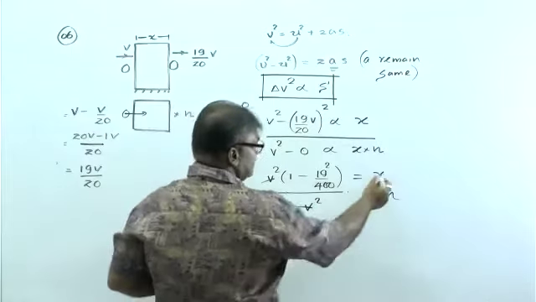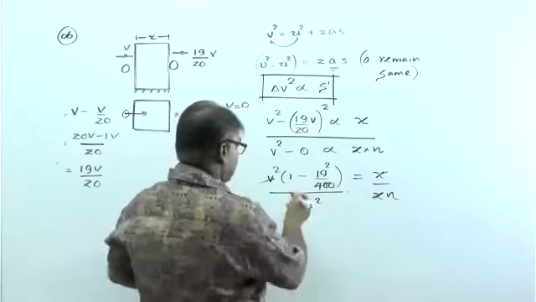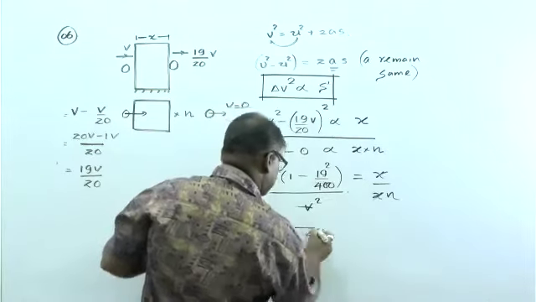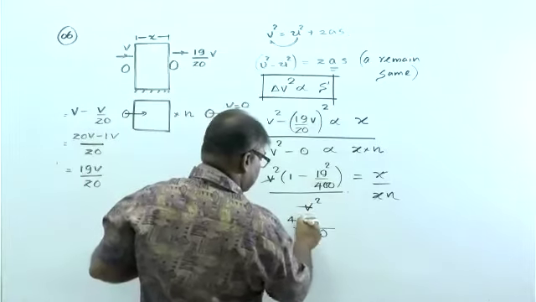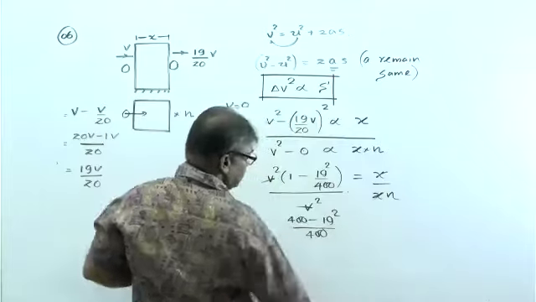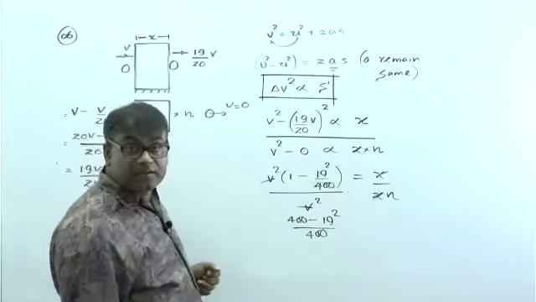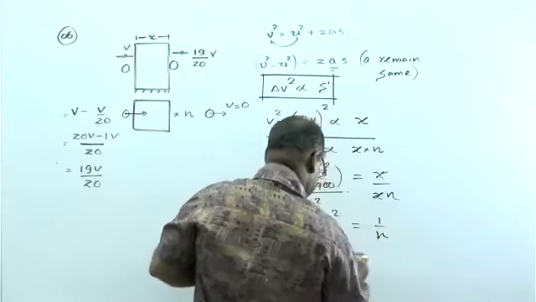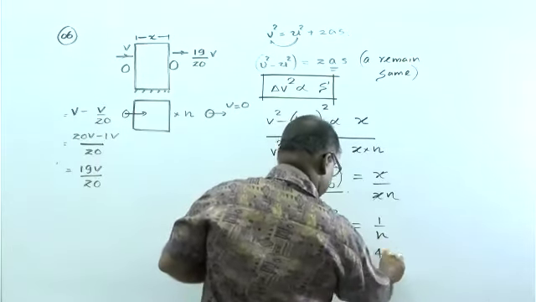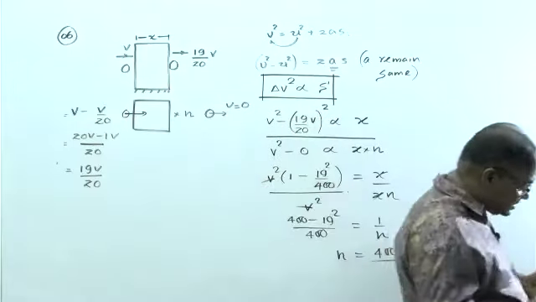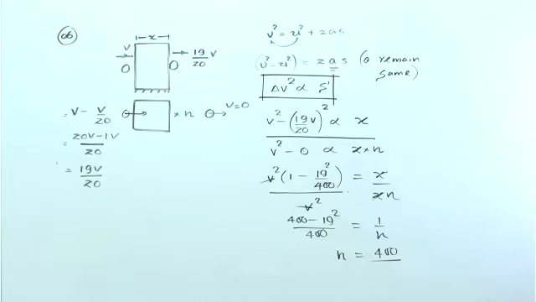Identical factors cancel. Okay, then we have here 1 minus, with 400 as common denominator, it's 400 minus 19 squared over 400, right? Okay. Equal to 1 over n. Then take n equal to 400 divided by 400 minus 19 squared. Okay, then can we simplify now?